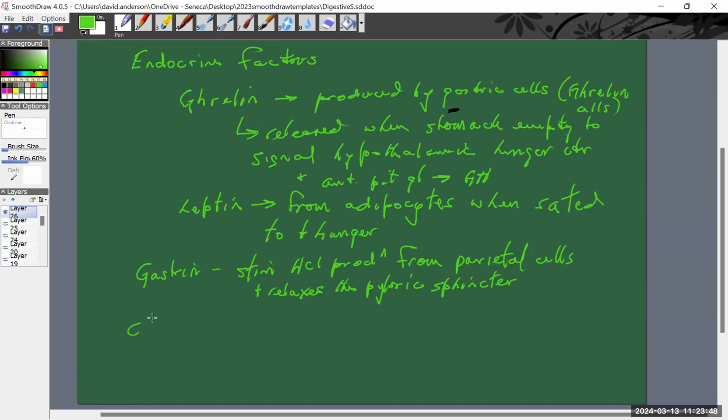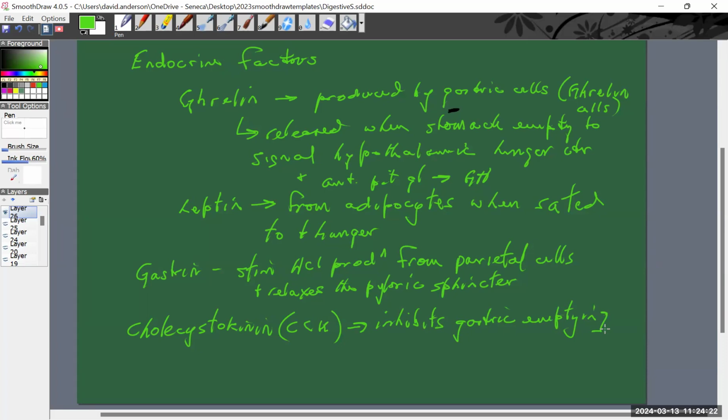Okay, I mentioned that hormone called cholecystokinin, CCK, cholecystokinin, and cholecystokinin inhibits gastric emptying. So there's our understanding that gastrin would promote gastric emptying and cholecystokinin inhibits it.